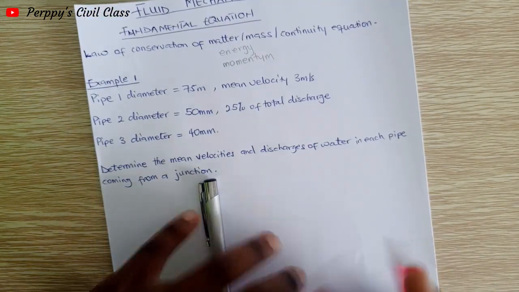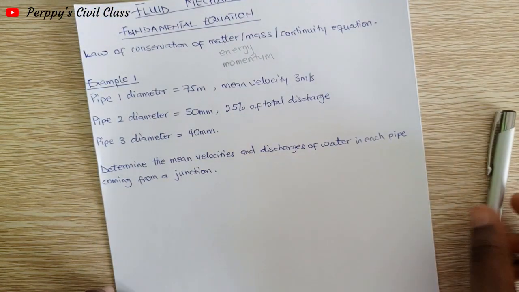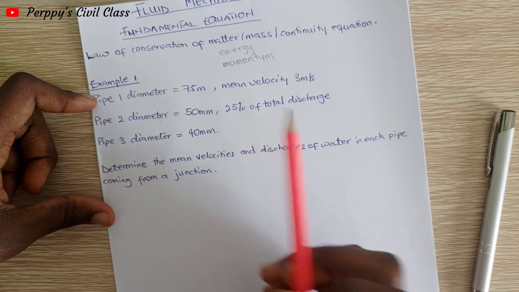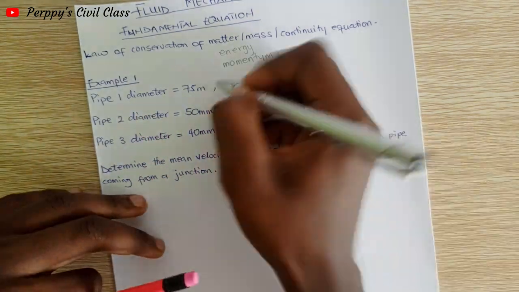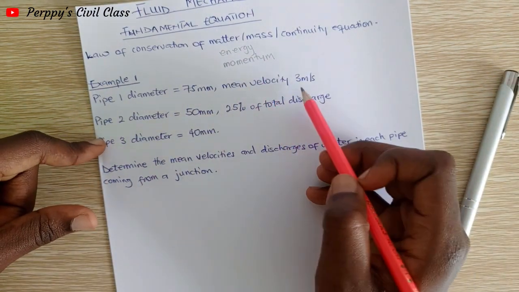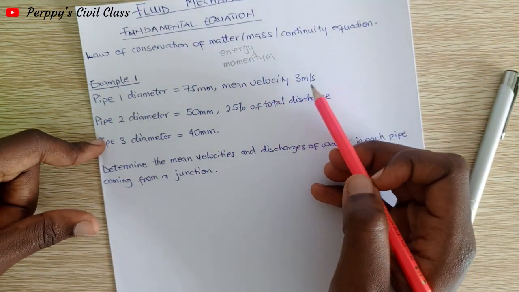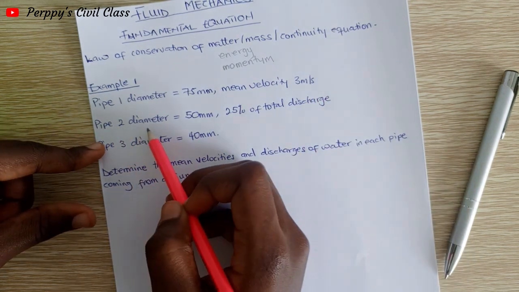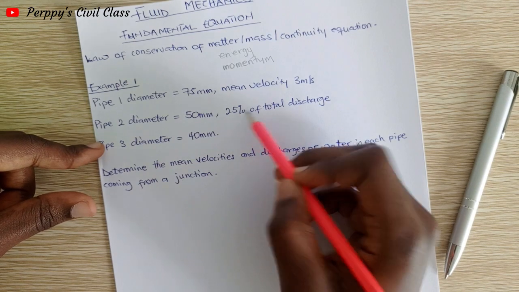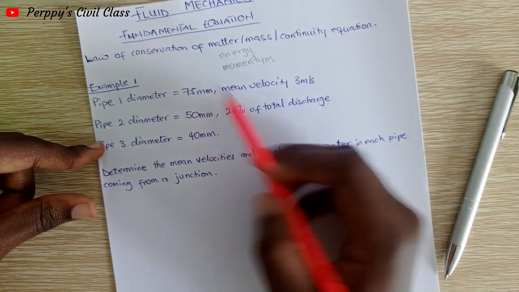We are going to solve this question under the continuity equation. Example 1: pipe 1 has a diameter of 75 mm and a mean velocity of 3 meters per second. Pipe 2 has a diameter of 50 mm and 25% of the total discharge.